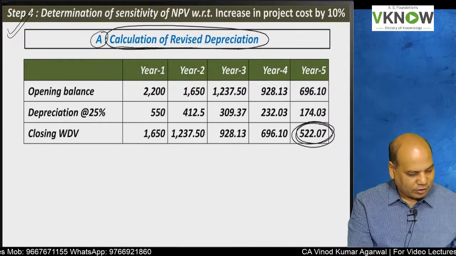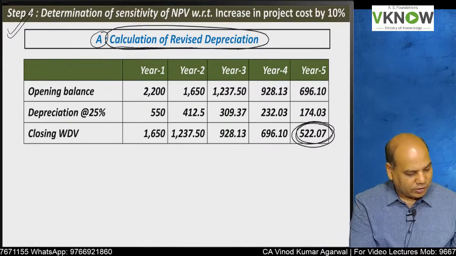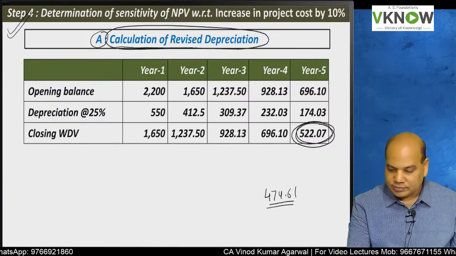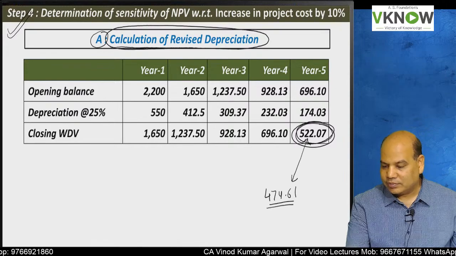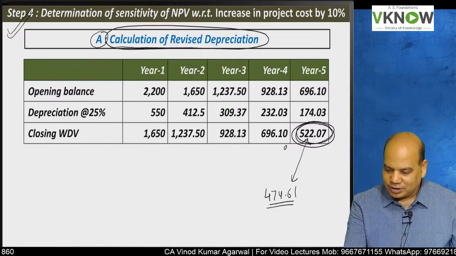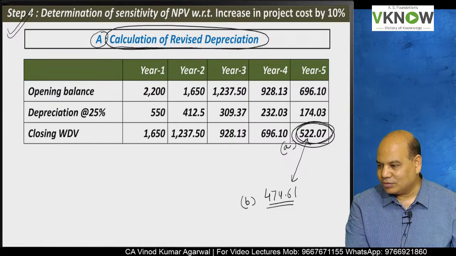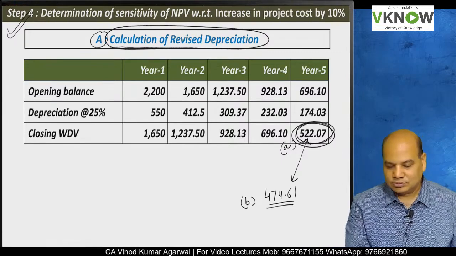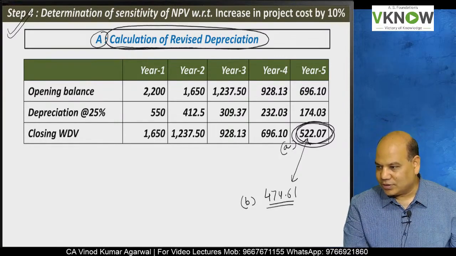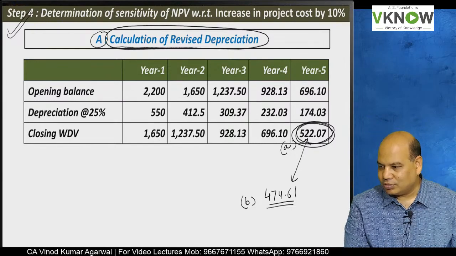But your salvage value is different. Salvage value in the question is 474.61. Which figure will you take in salvage value? Will you take option A, 522, or option B, 474? Please respond. Which option will you exercise while writing salvage value?